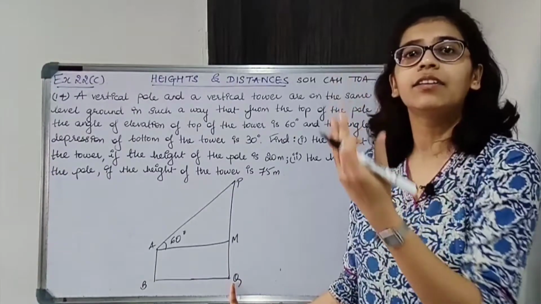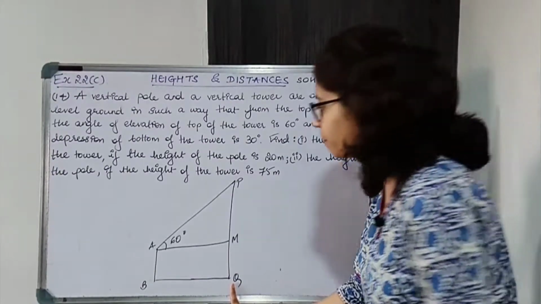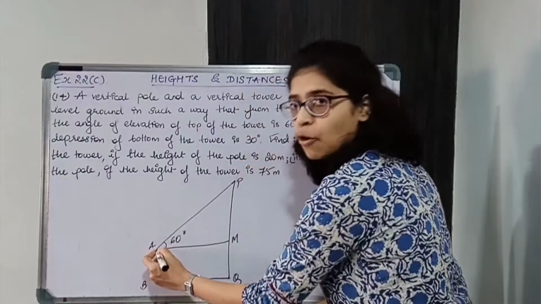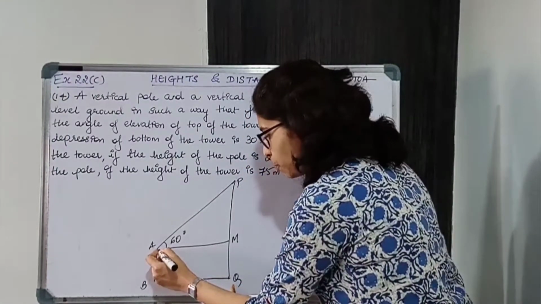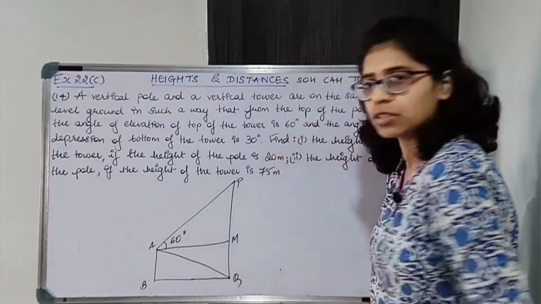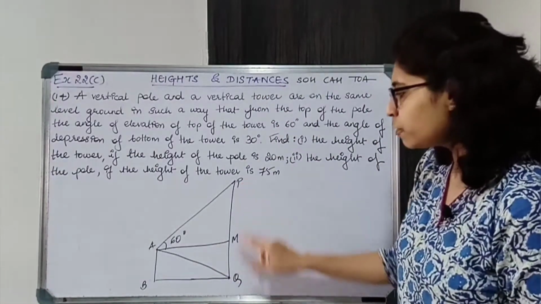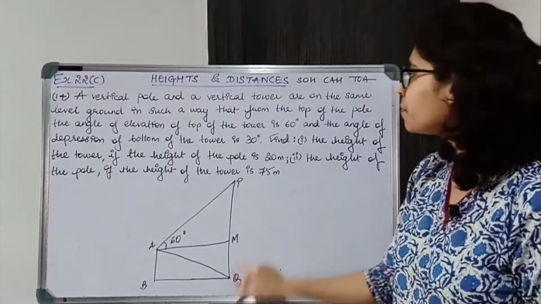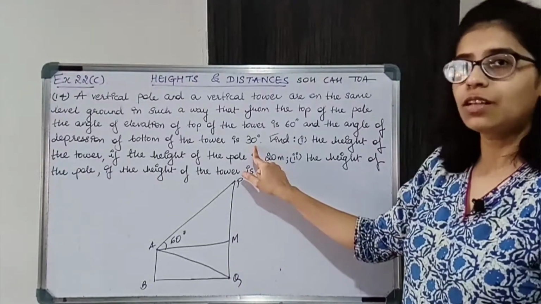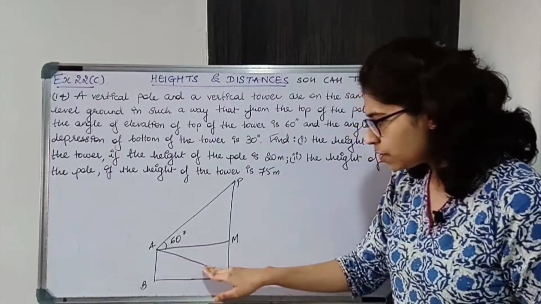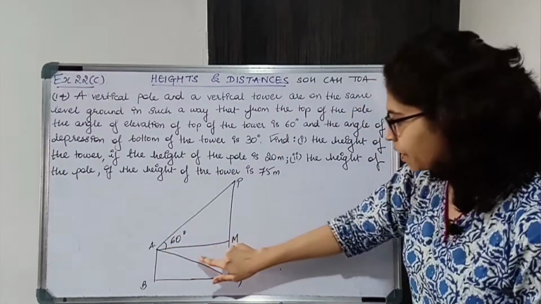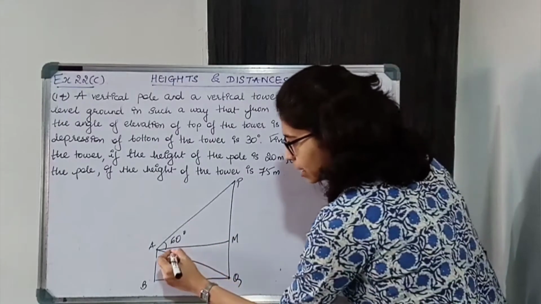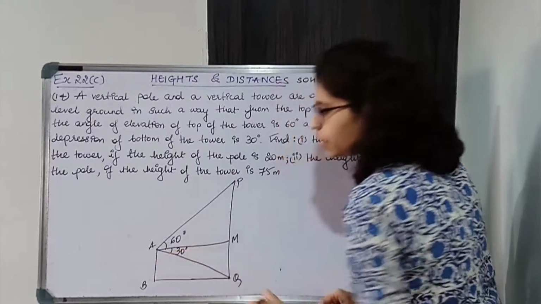When you look at a higher level, an angle of elevation is formed. So from the same point, the top of the pole, first you are looking at the top of the tower, now you are looking at the bottom of the tower. The angle of depression is 30 degrees. So this is the line of sight, this is the horizontal, and the angle between them is the angle of depression.